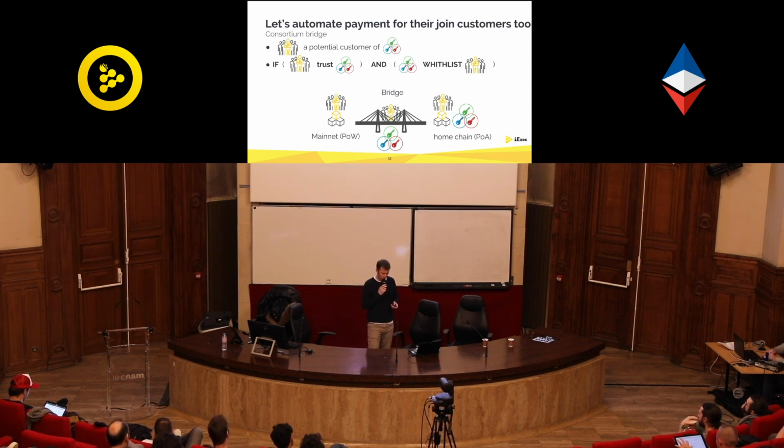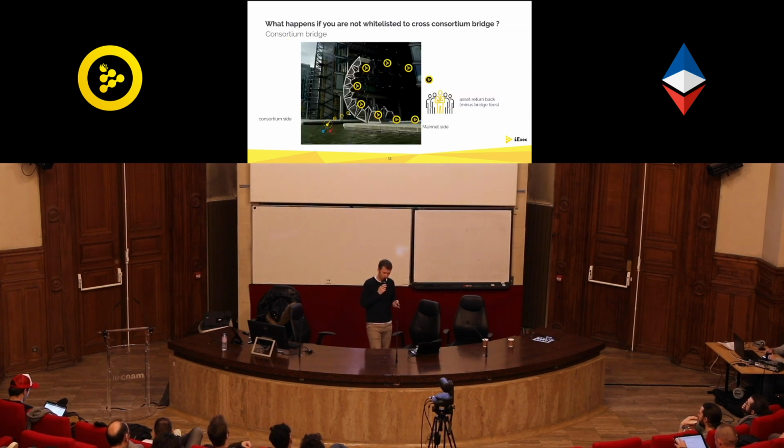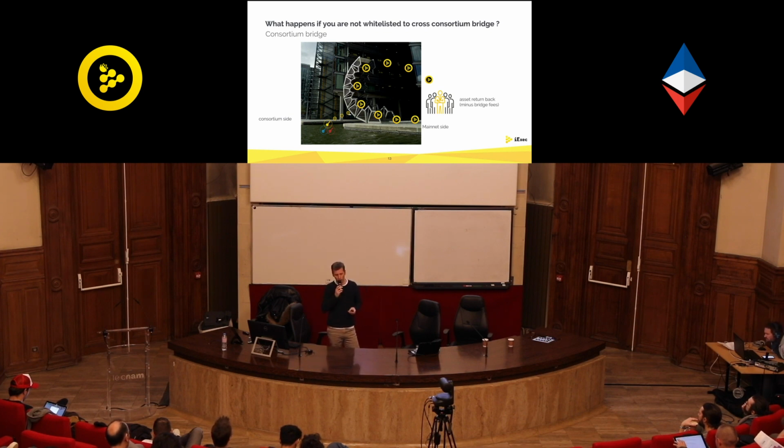So this is the kind of use case we see as useful for a consortium. And so what happens if you are not whitelisted to cross the bridge? There is a kind of loop: as we cannot block an ERC20 transfer, the bridge has to refund the user, so the asset is given back to the user.